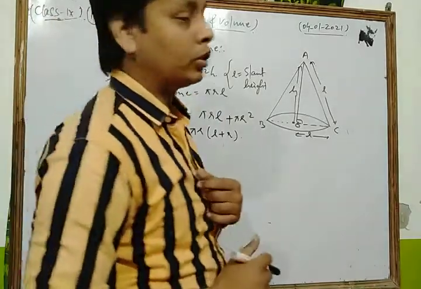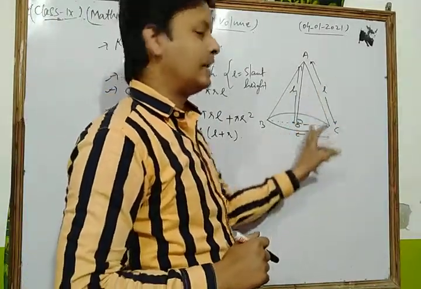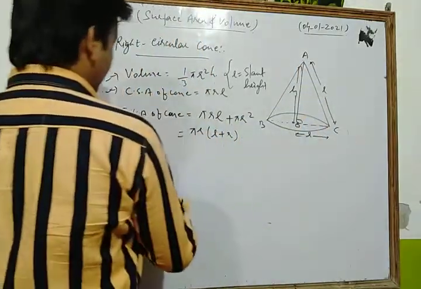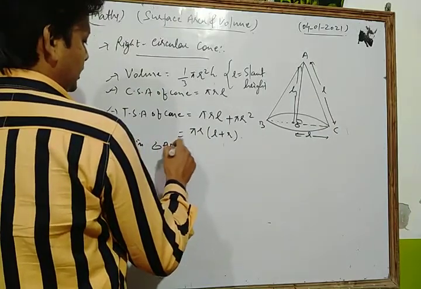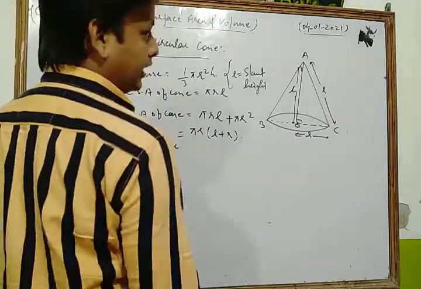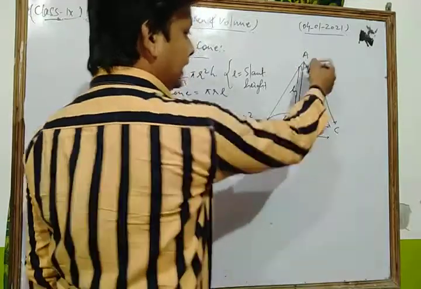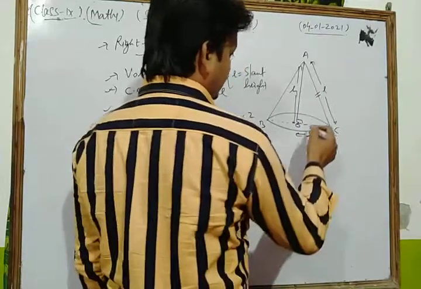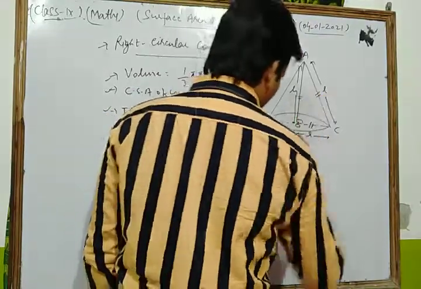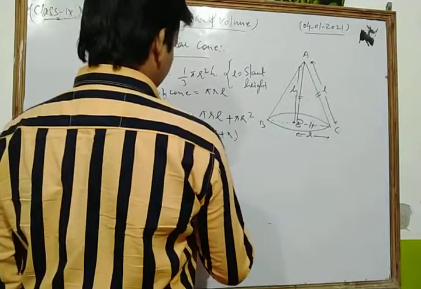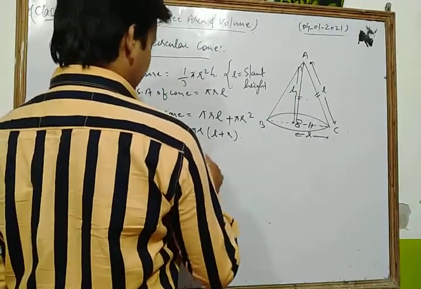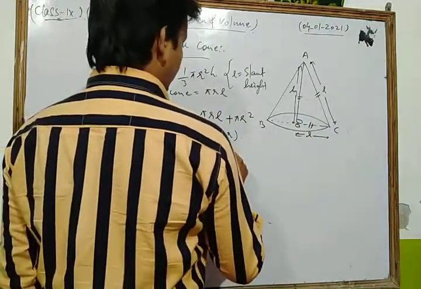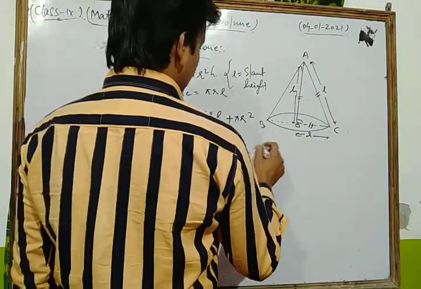One of the most important results is the relation between h, l and r. This is a right angle triangle. In triangle AOC, in any right angle triangle, this is the hypotenuse, this is the base, and this is the perpendicular. So AC square is equal to OA square plus OC square.